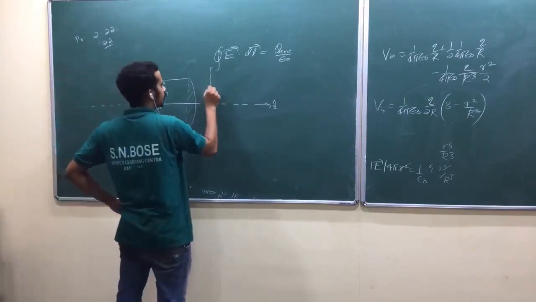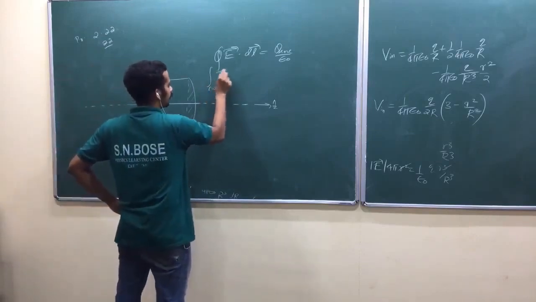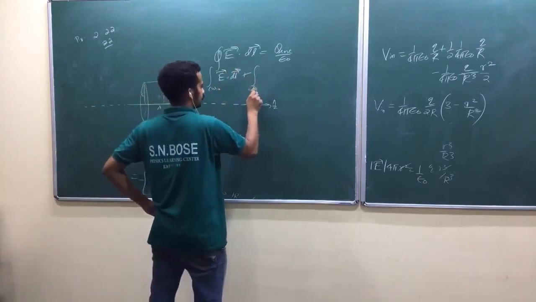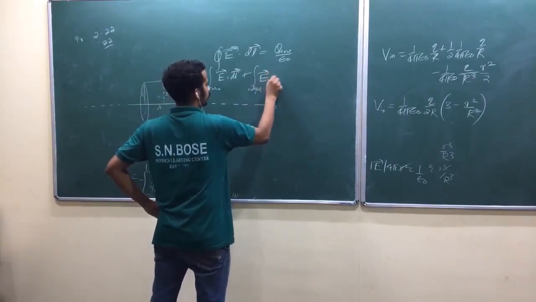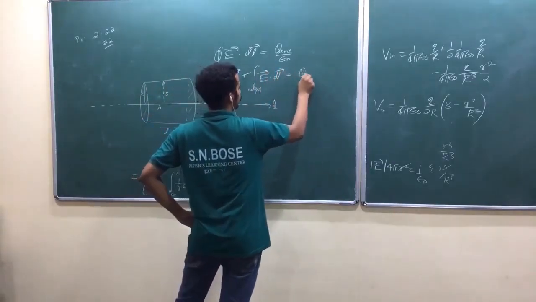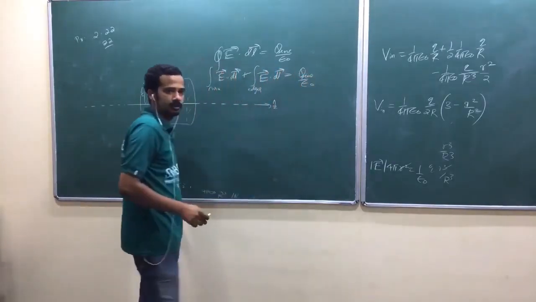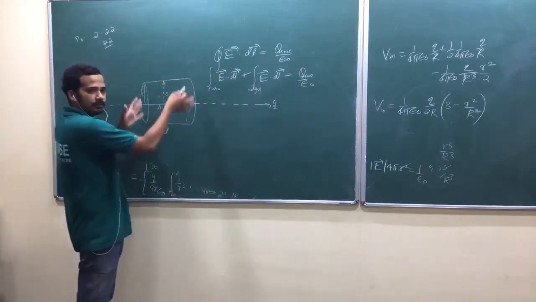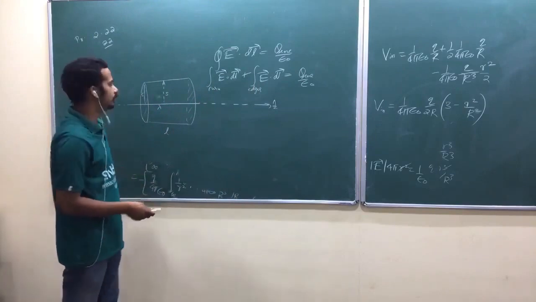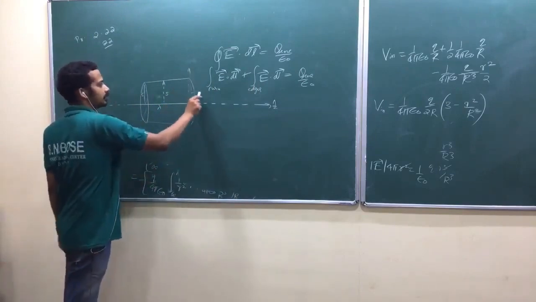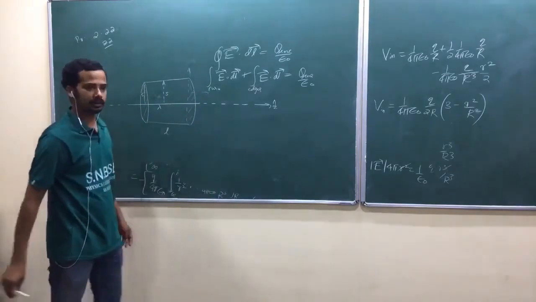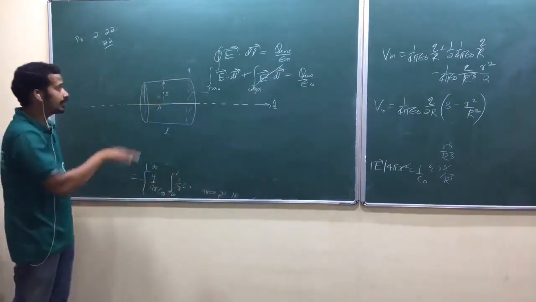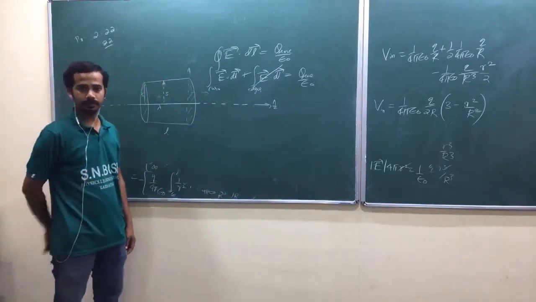I can write curved surface E bar dot dl bar plus edges E bar dot dl bar is equal to Q enclosed by epsilon naught. Edges means the planar surfaces, these two surfaces. They will not give any flux. Why? Electric field is along S cap, and the surface area vector is along the axis direction. So I can get rid of this one. Now, throughout that curved surface, the electric field is constant.